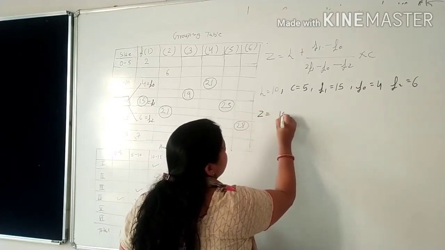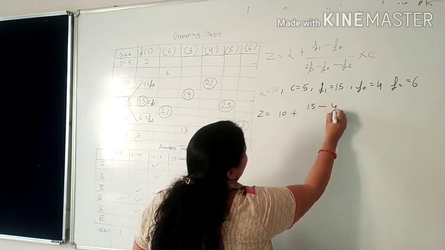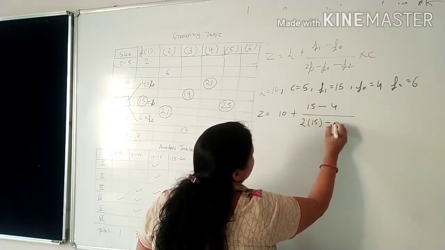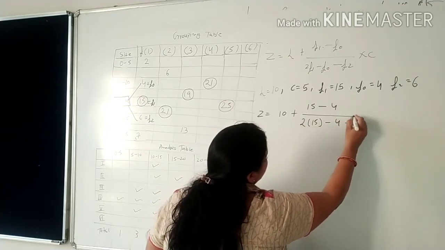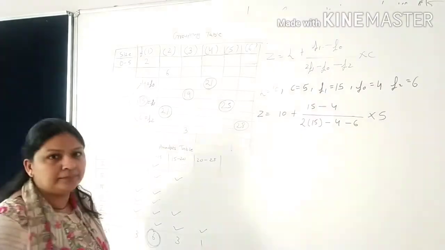What is L? 10 plus (15 minus 4) upon (2 into 15 minus 4 minus 6), into 5. Is it?